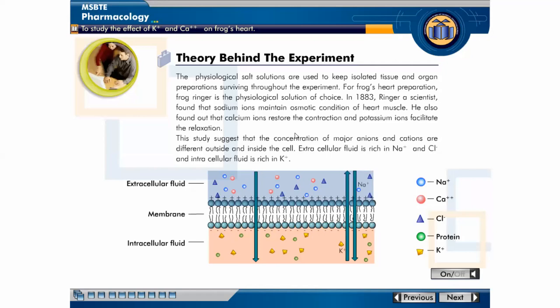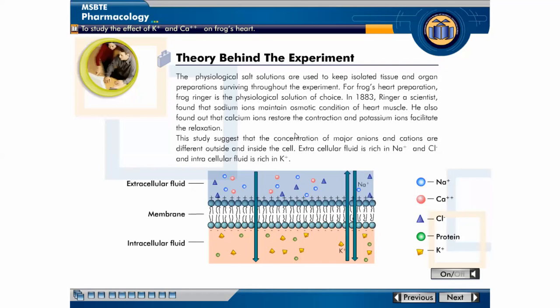Contraction, it is systole, right? And relaxation is diastole. Contraction means it is a period of contraction that the heart undergoes while it pumps the blood into the circulation. Heart pumps blood, that is contraction.